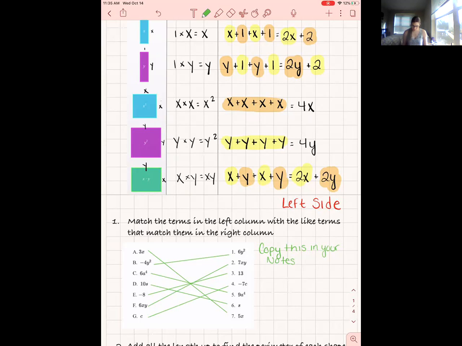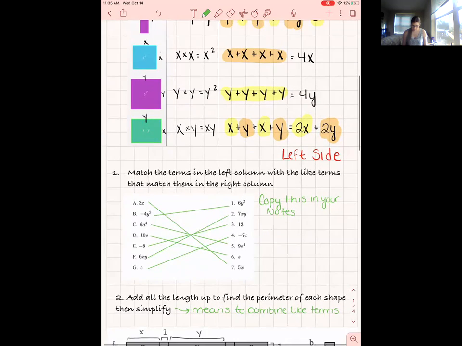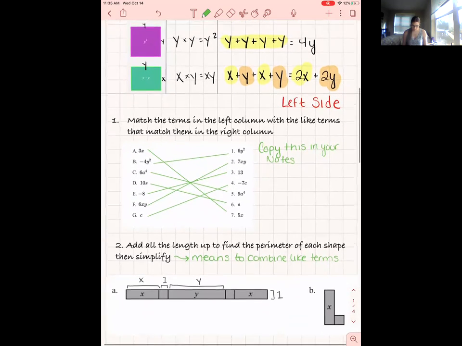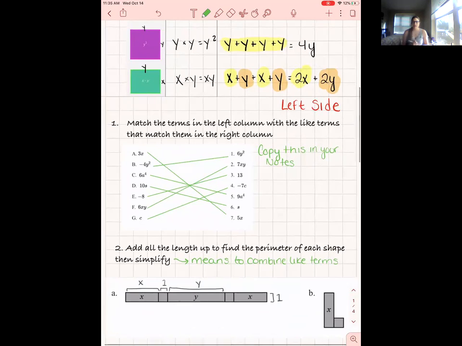So number 2 is I'm going to give you some shapes, and you need to add the perimeter and then combine like terms. So I've given you little hints here by showing you that this length is x, this little piece is 1, this little piece is y. So you need to add up each little chunk.